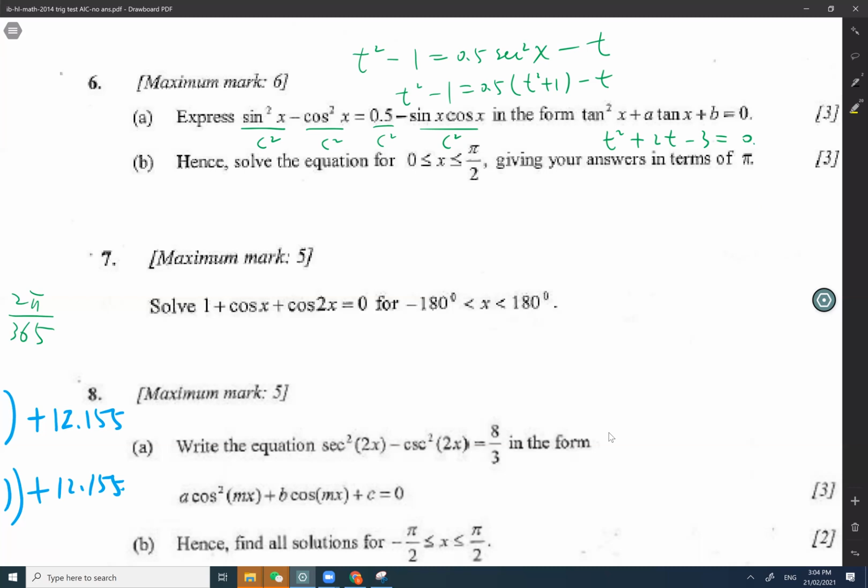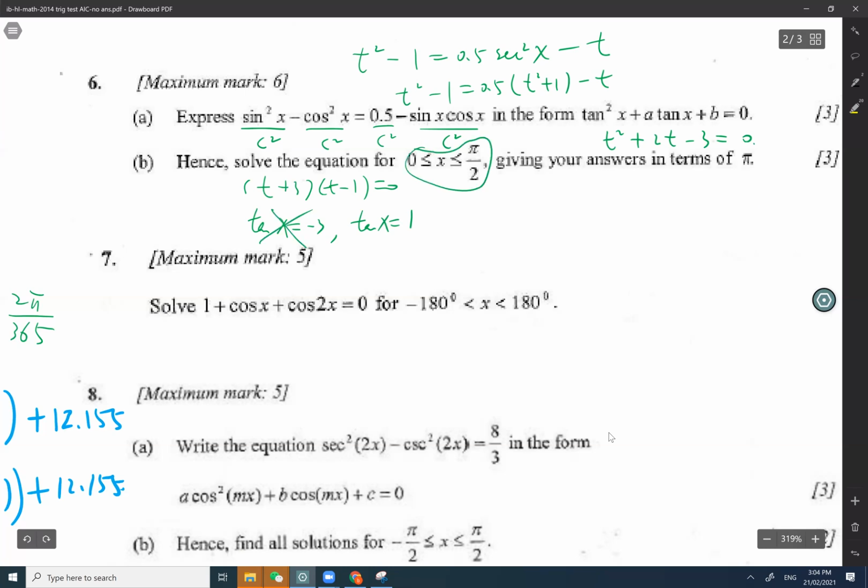Yeah, plus 2t. Yes. So t plus 3, t minus 1. Tan x equals negative 3, tan x equals 1. X is an acute angle, not this. X equals quarter pi.